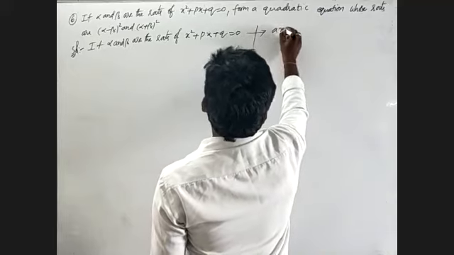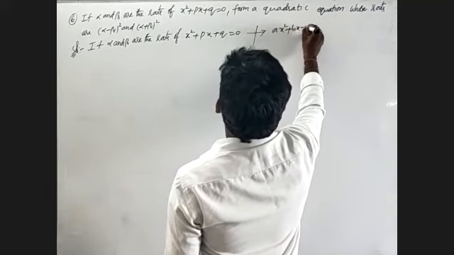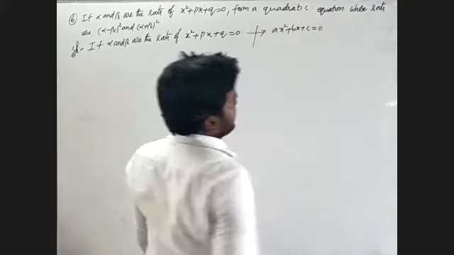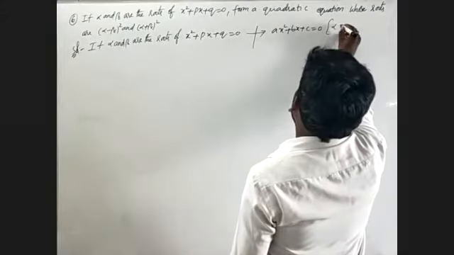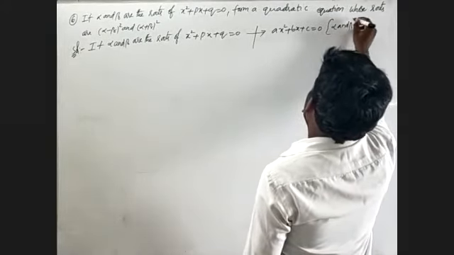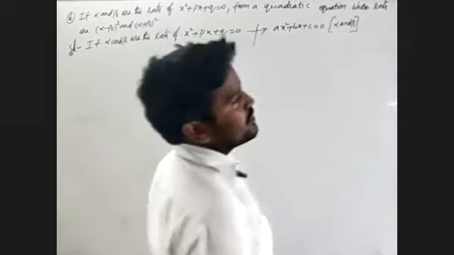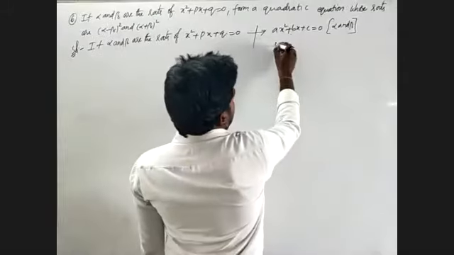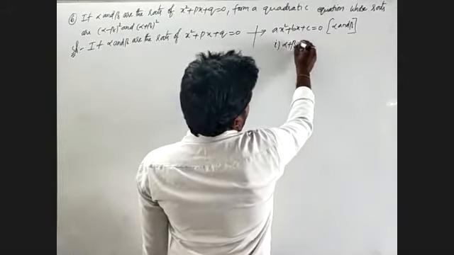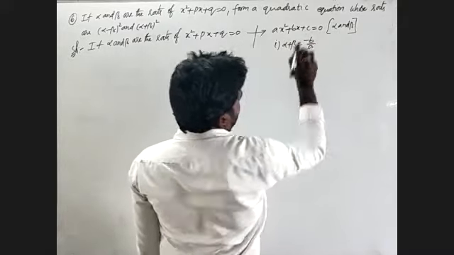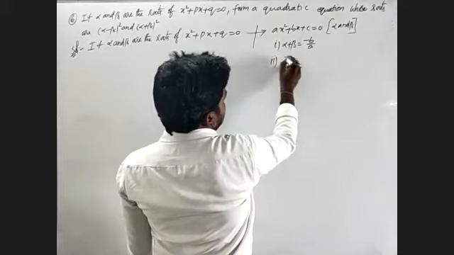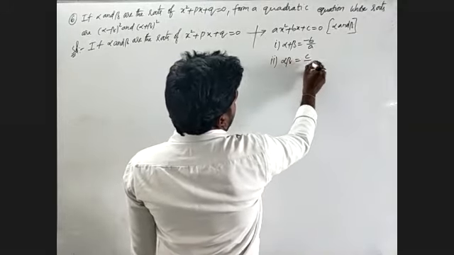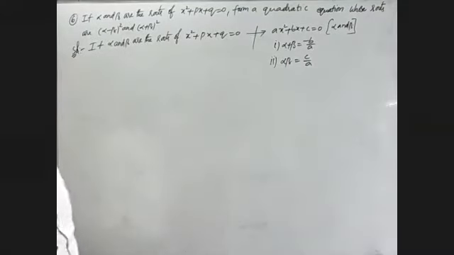For example, ax square plus bx plus c is equal to 0 is a quadratic equation, and the given quadratic equation has the roots alpha and beta. Here we write two conditions. The first condition is alpha plus beta is equal to minus b by a. Later, the second condition is alpha beta is equal to c by a.